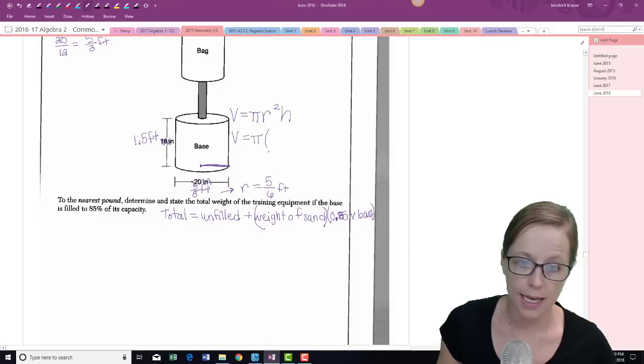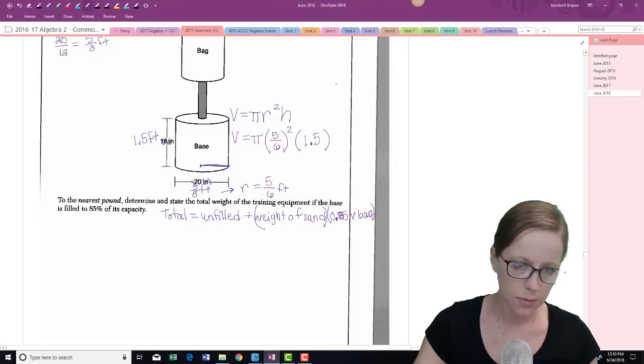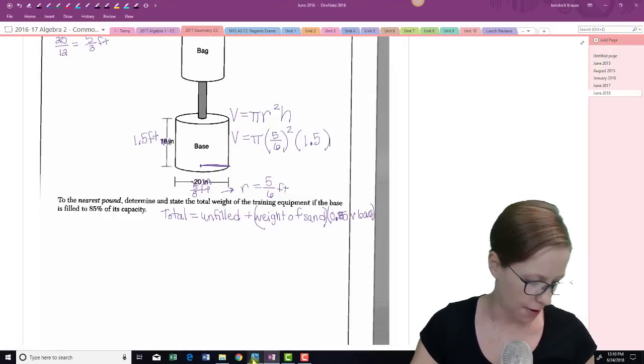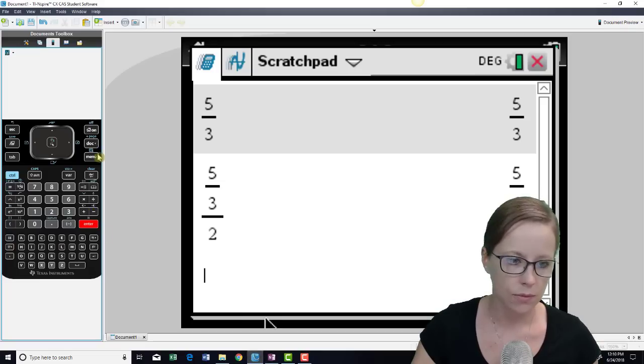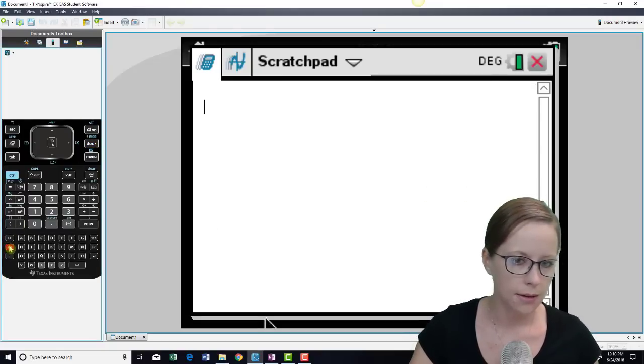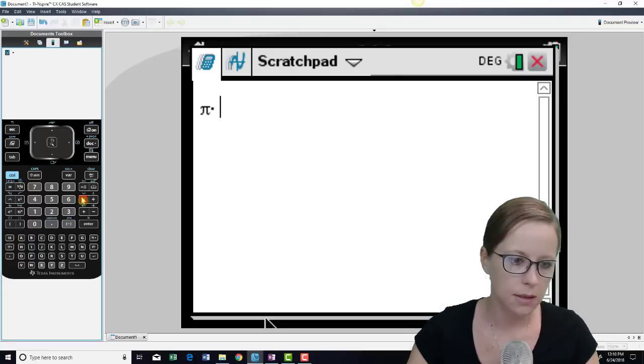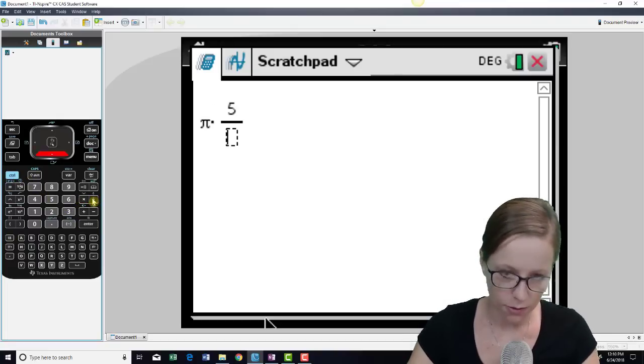Pi, the radius is 5/6 squared. The height is 1.5 feet, right? We converted to feet. So we're going to need our calculator for that for sure. So pi times 5/6.